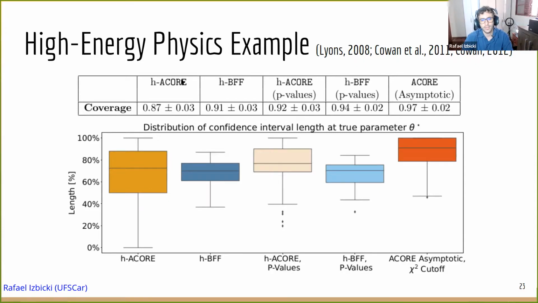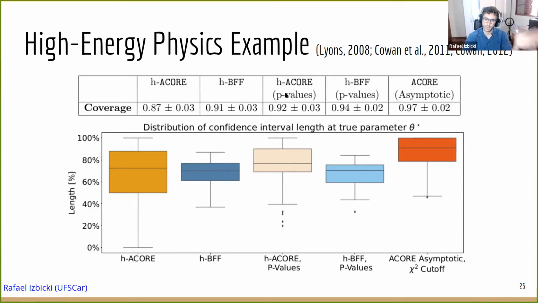Okay, so let me go over the test statistics first. So we have 3 versions of ACORE. This is the version that uses quantile regression. So we do ACORE in the way I showed you, but we use quantile regression to estimate the cutoffs. This is a version where we use the same ACORE test statistic, but instead of computing cutoffs, we compute p-values.